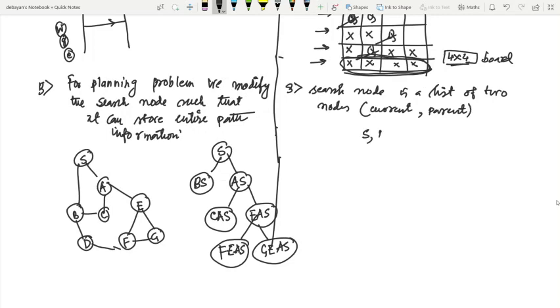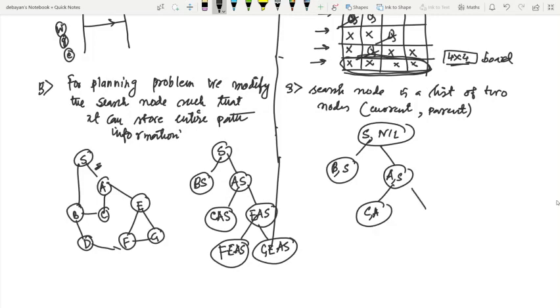So if this is S nil, these two nodes are BS, like that, this is AS. From that graph, this is a mother graph. So it should be like that: CA, this is EA, this is FE, this is G. So by using closed or open, all nodes are enclosed.